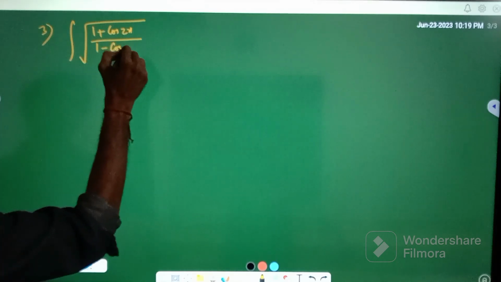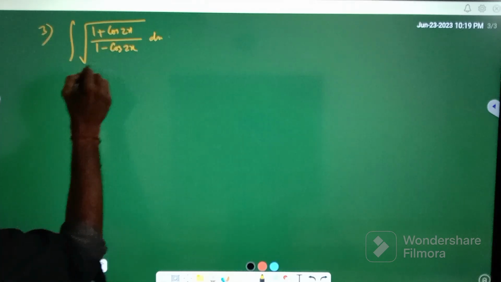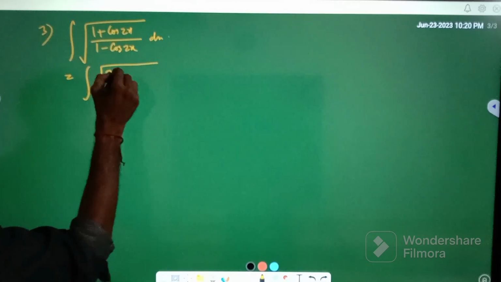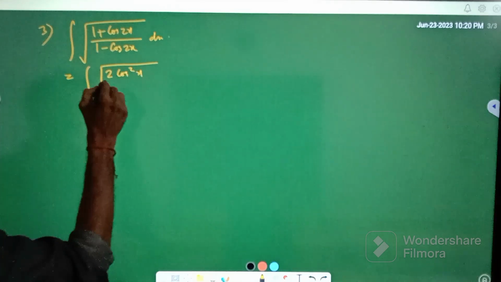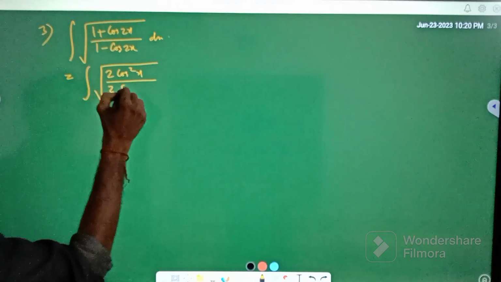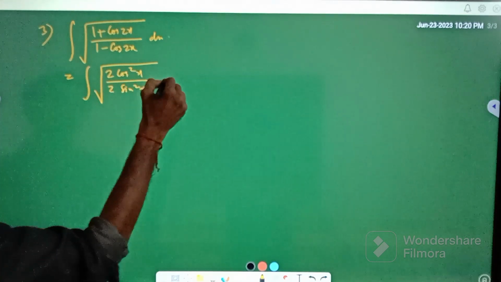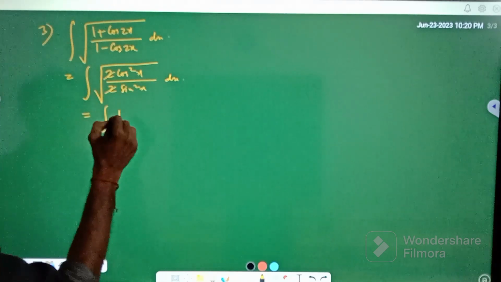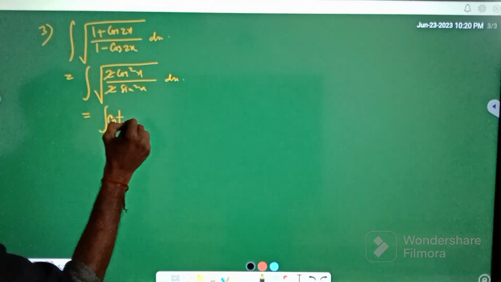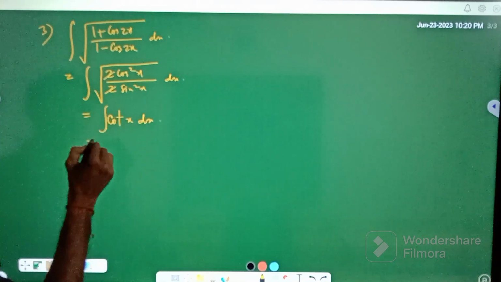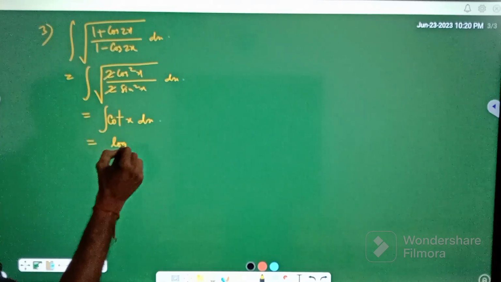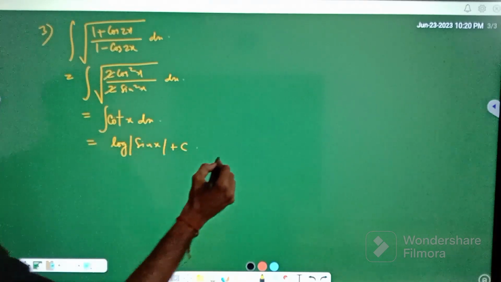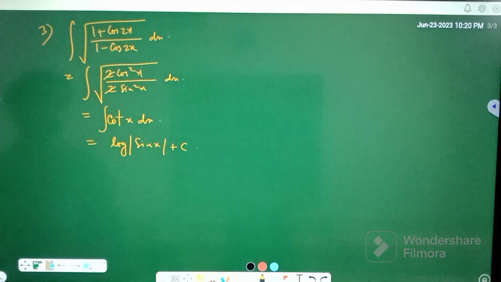Very similar to the earlier one, that will be root under 1 plus cos 2x, which we all know is 2 cos square x, and that one is 2 sine square x. So after simplifying, we will get integration cot x dx, and we all know that the integration formula of cot x is log mod sin x plus c, where c is our integration constant. So that's our third problem.